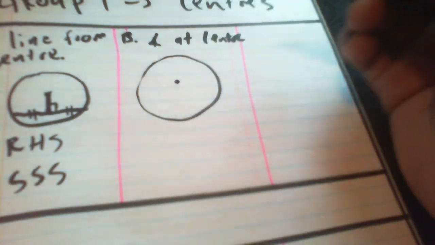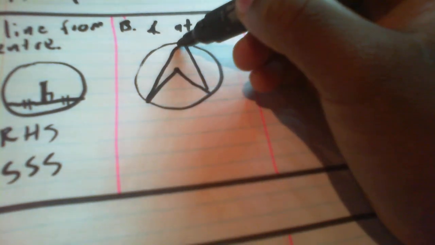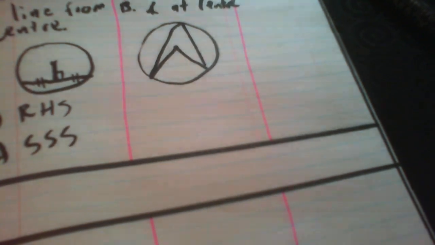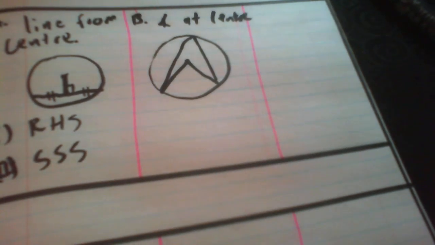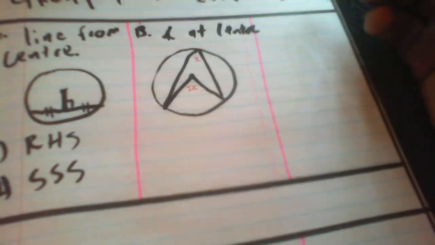now you would have your center, and so what is being said here is that basically the angle here at the center is 2 times angle at the circumference.